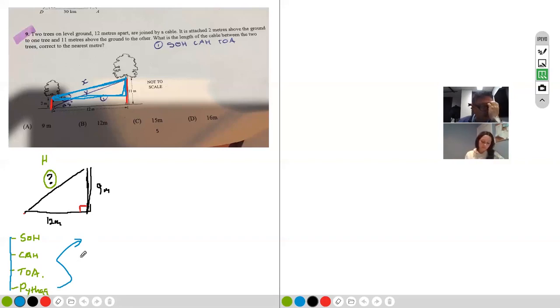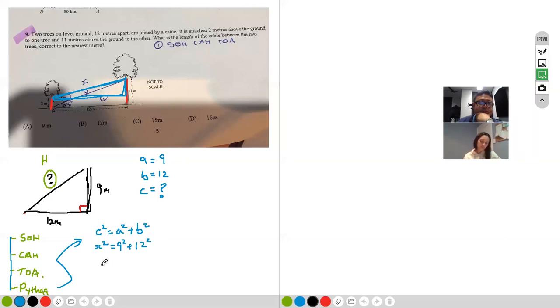When we're applying Pythagoras, what's the formula? C squared equals A squared plus B squared. Good. So A equals 9, B equals 12, and then C is X. So X squared equals 9 squared plus 12 squared.